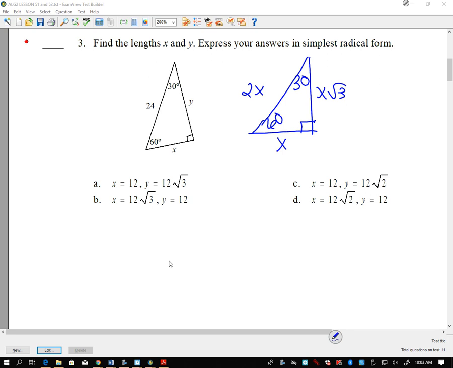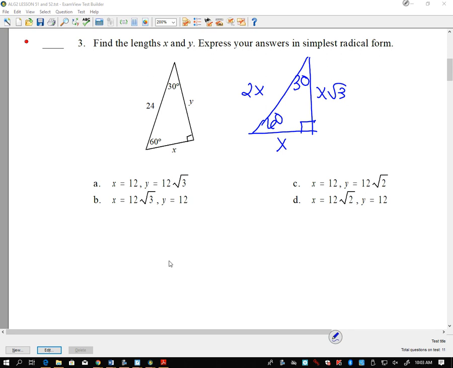So notice that this is 24, correct? So if I want to get x, what do I do to the 24? Divide it by 2. Because what's opposite the 30 is always half the hypotenuse, right?